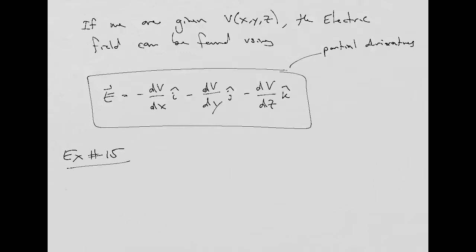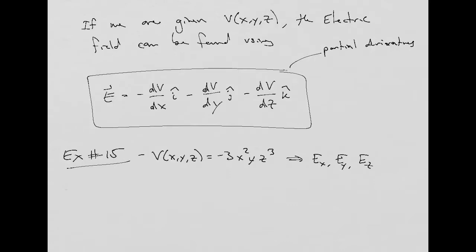In example 15, it says the electric potential in a certain region is given by the function V of x, y, and z equals minus 3x squared y z cubed. So if I gave you an x coordinate, a y coordinate, and a z coordinate, you could tell me the electric potential at any point in this region. And it asks for what are the x, y, and z components of the electric field in this region. So we're looking for Ex, Ey, and Ez.